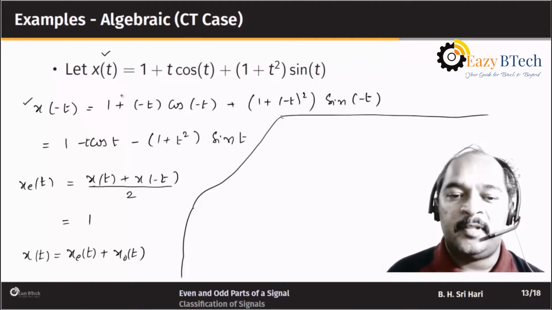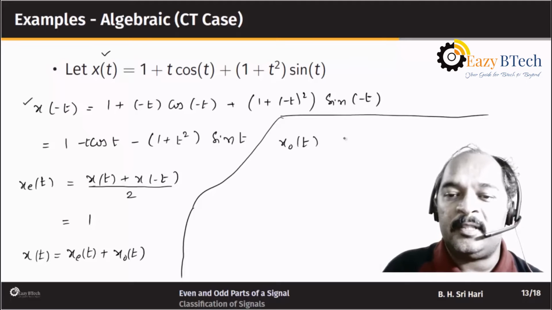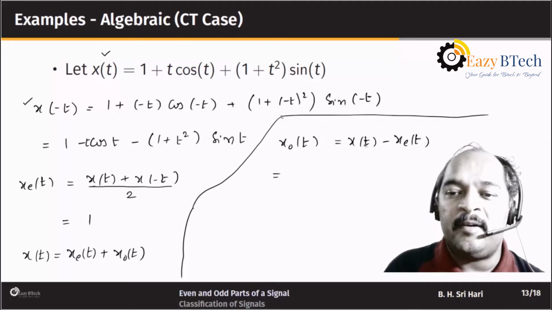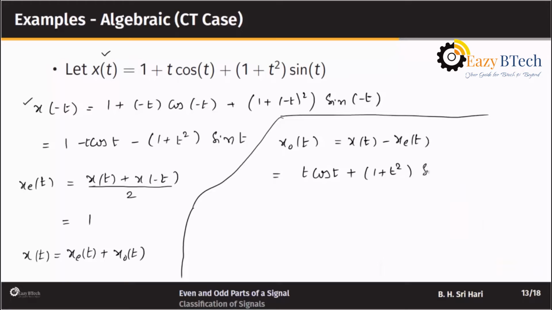We got x of t, we got xe of t. So xe of t is 1, and hence xo of t would be equal to x of t minus xe of t. Because xe of t is 1, what would be the final answer here? The 1 will get removed, so you finally get t cos t plus 1 plus t square multiplied with sin t. That would be the odd part.